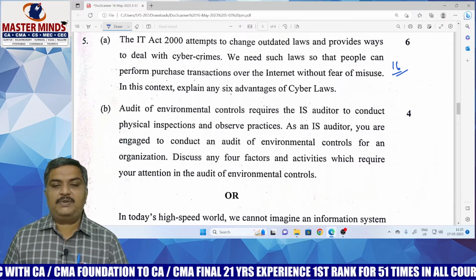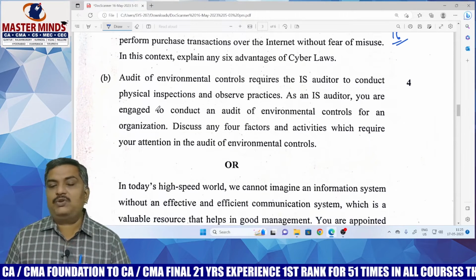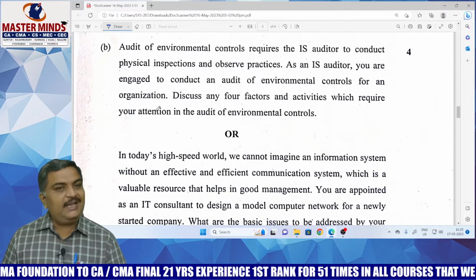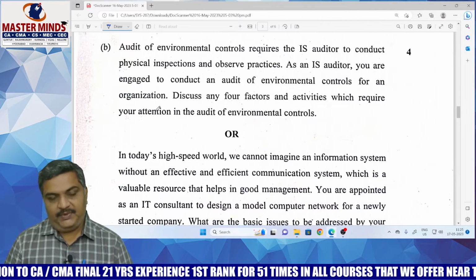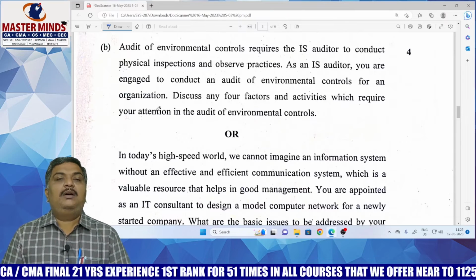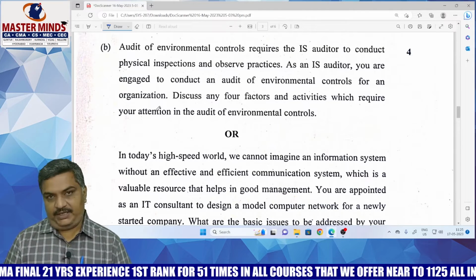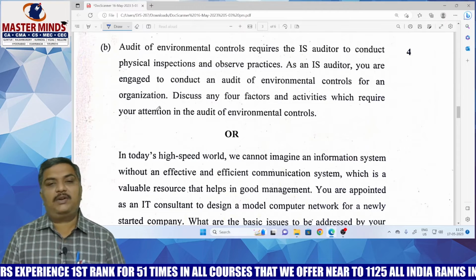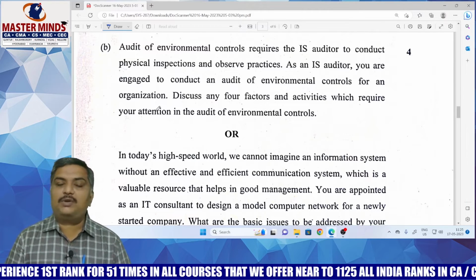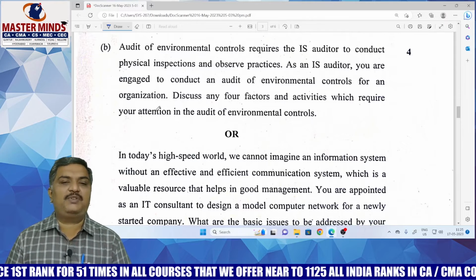And now comes another most expected and very easy question, that is audit of environmental controls. This question is from the information systems audit lesson. Audit of environmental controls requires the IS auditor to conduct physical inspections and observe practices.